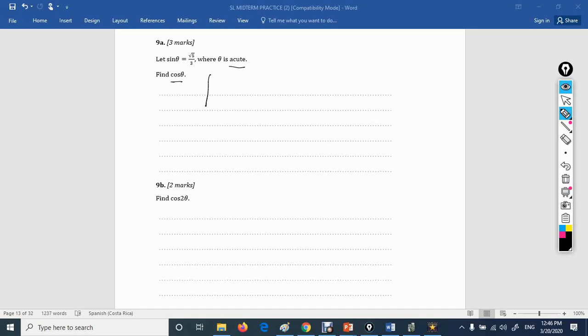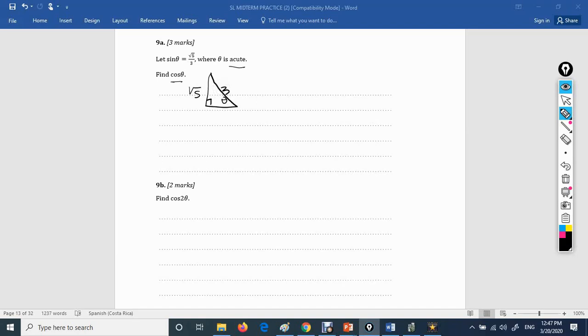Now, we could use the Pythagorean trigonometric identities, but let's make this simple. So if I have a right triangle, and this is theta, and they tell me that sine of theta is square root of 5 over 3, that means that this is square root of 5, and that this is 3, right? Because it's opposite over hypotenuse.